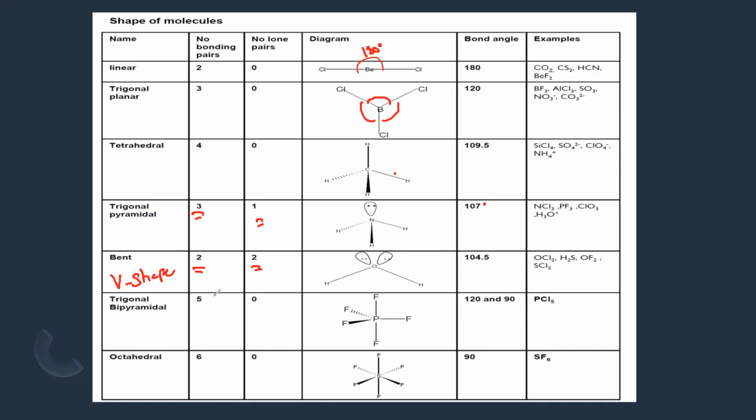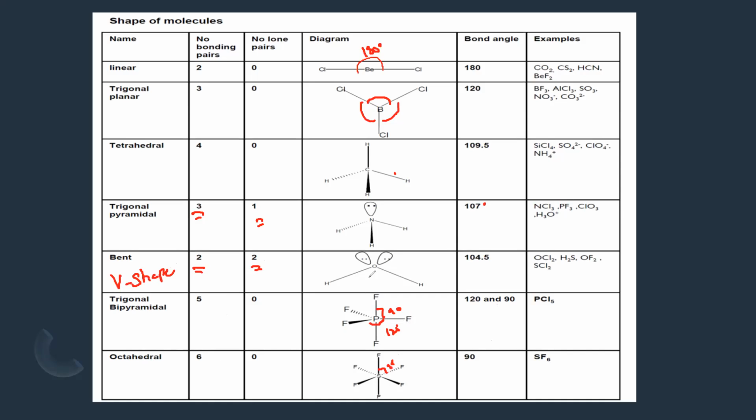If there are five bond pairs and no lone pair, then it will be called trigonal bipyramidal with bond angles of 120 and 90. So this is 90 and this angle is 120. If there are six bond pairs and no lone pair, each bond angle will be 90 degrees.